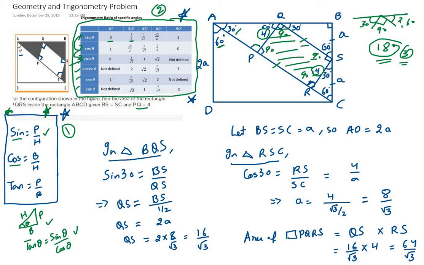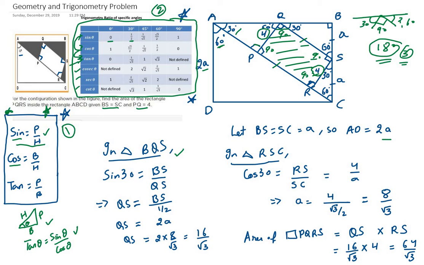For figuring out QS, we approach it like this. We are also given that BS is equal to SC. So this is A, this is A, so AD will be 2A, just for the sake of it. Now if we look at triangle BQS, sine of 30 is perpendicular upon hypotenuse.